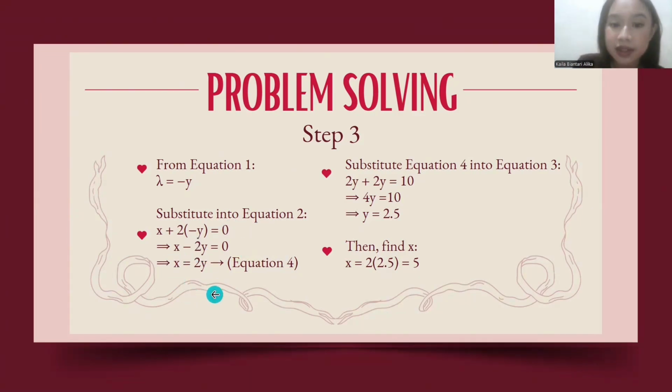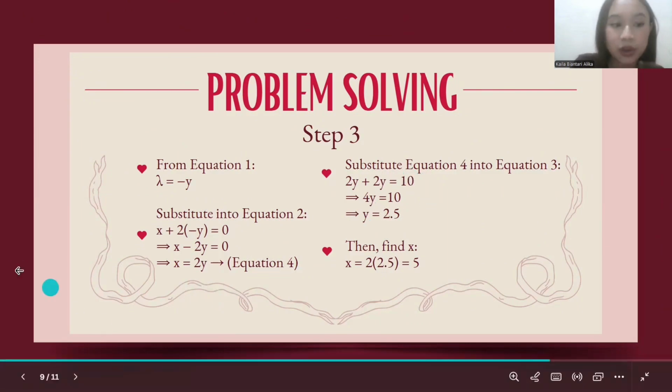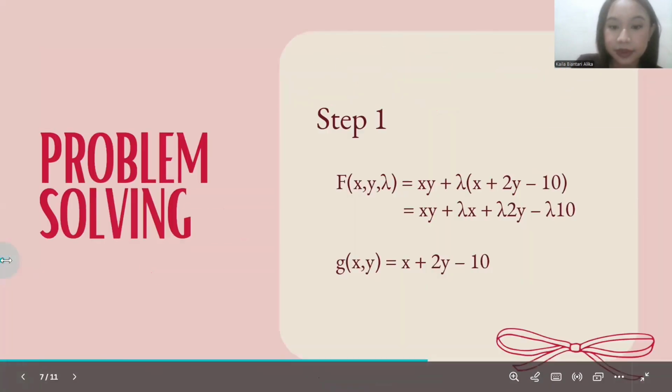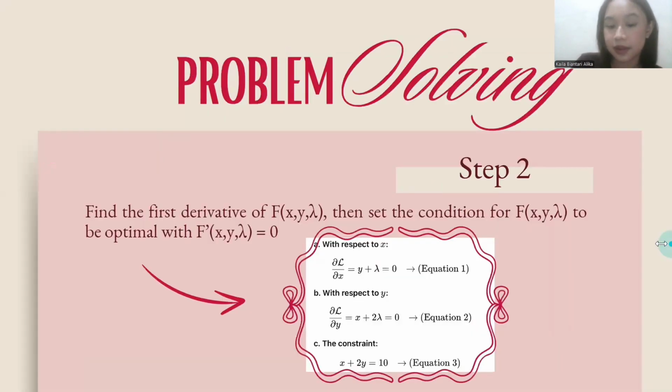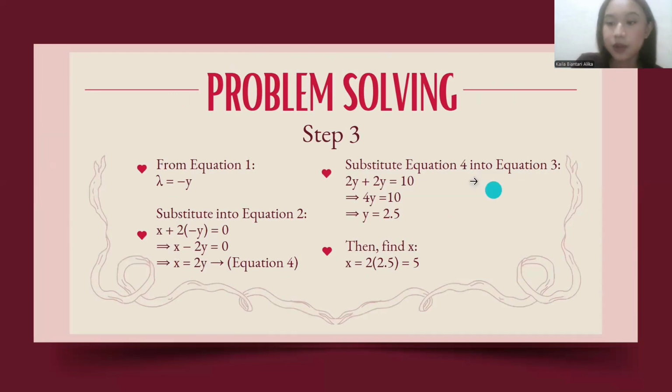We put this into equation 3, so 2y plus 2y equals 10, and then we have y equals 2.5.